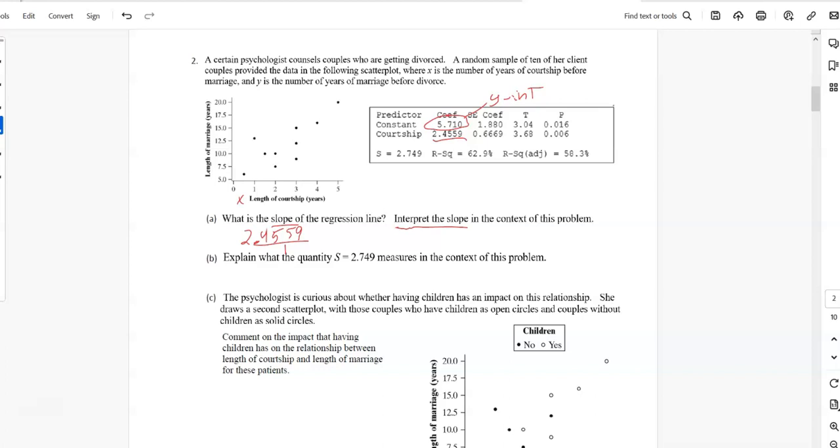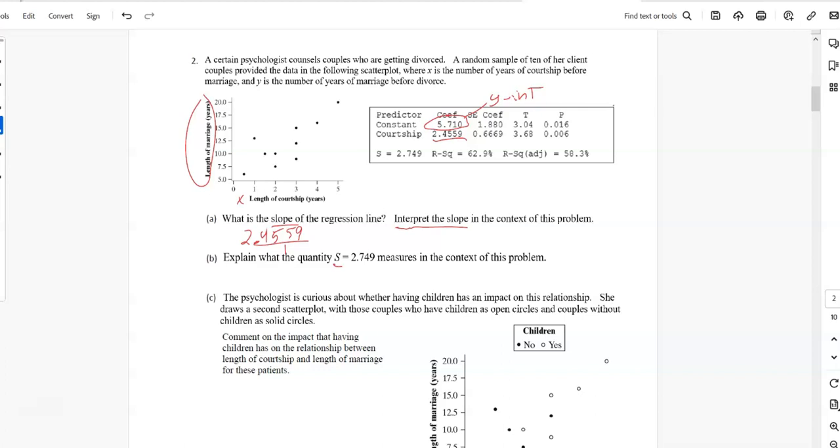Okay, so explain the quantity S. So S is the standard deviation of the residuals. So you're combining the idea of standard deviation and residuals all in one statement. So this is talking about Y values, so it's measured in years.